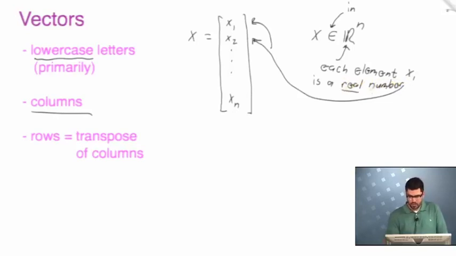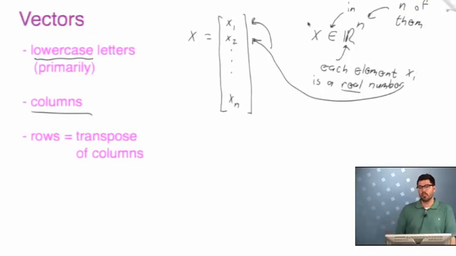Okay? Is a real number, and there are n of them. So a very shorthand notation to say that x is a vector of length n with real numbers as the elements. Okay? So you'll see this again with matrices.